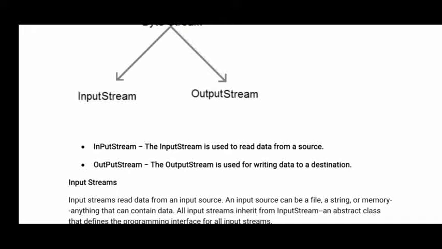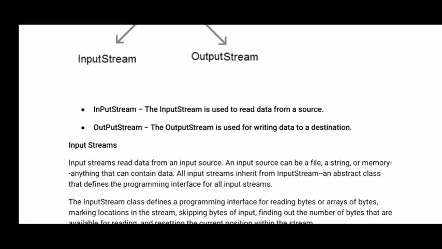If it is the input stream, data is coming to our program from the console. If it is the output stream, then your data is moving from your program to the console. That is the difference between input stream and output stream.